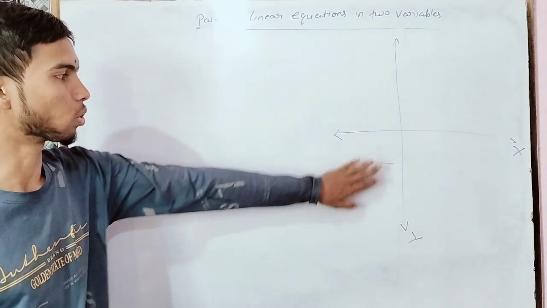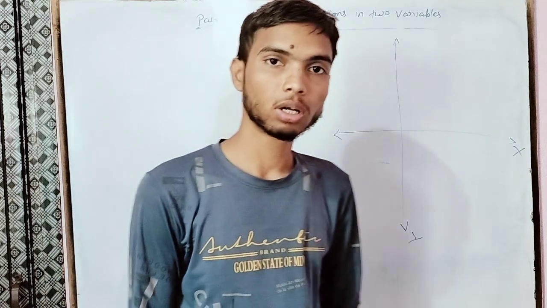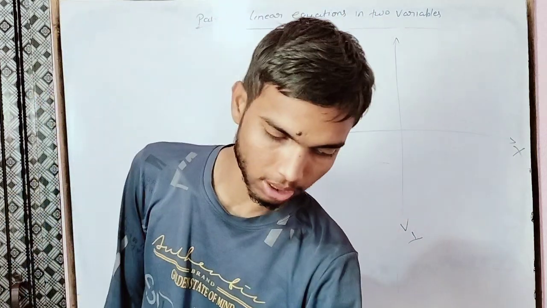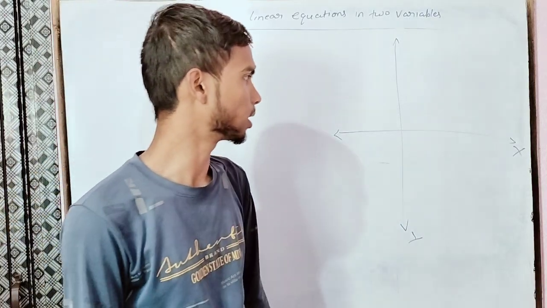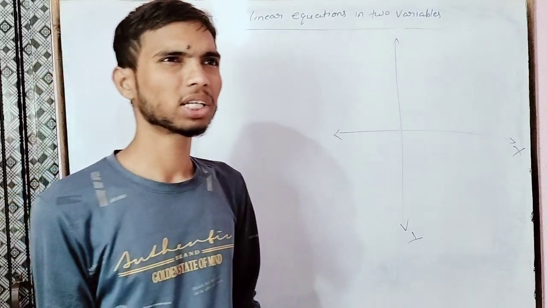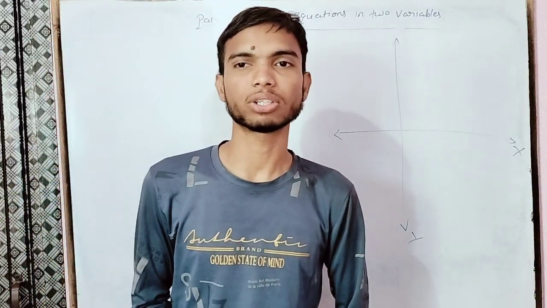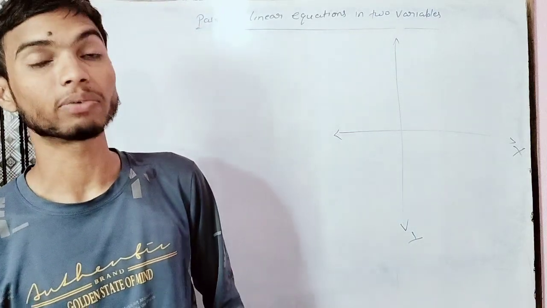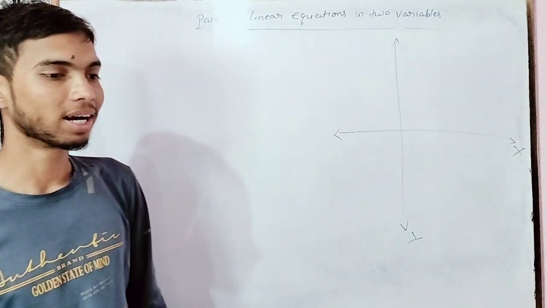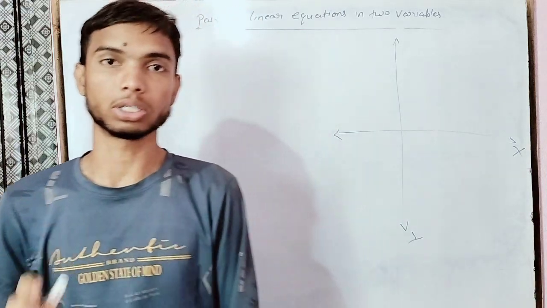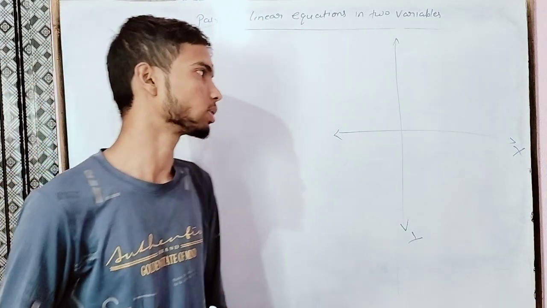X is a line which is horizontal, y is a line which is vertical. Now, from this graph we are understanding linear equations. When it comes to a linear equation, we know that it has infinite solutions. But when it comes to a pair of linear equations, there would be some conditions.